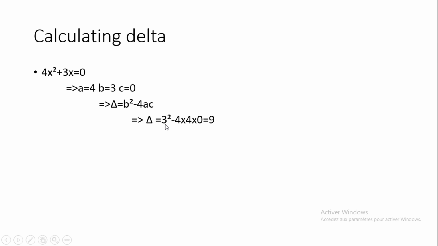Then our delta is 3 squared, which is our b squared, minus 4 times a, which is 4, times c, which is 0. So our delta is 3 squared minus 4 times 4 times 0.